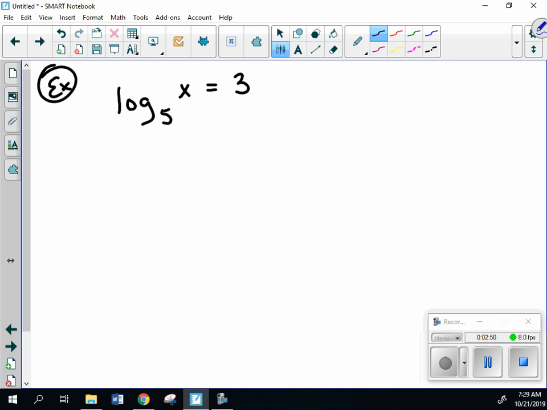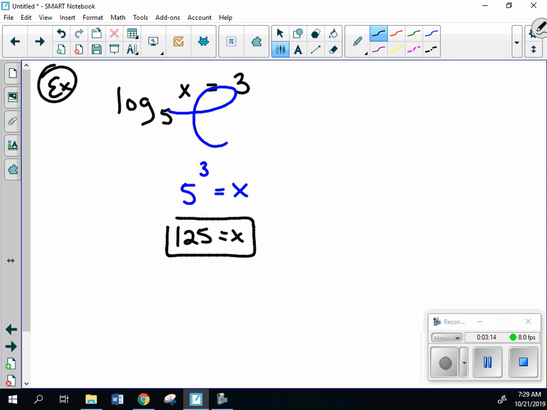We are wanting to go into exponential form. So when we make it exponential, we go 5 to the power of 3 equals x. Now, this is just a simple calculation to take 5 cubed in order to get our x value. So we have 125 equals x.